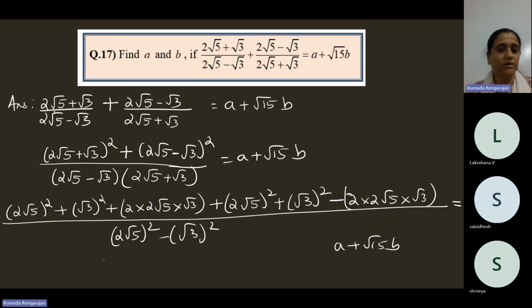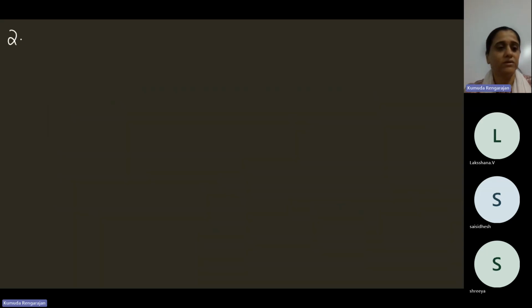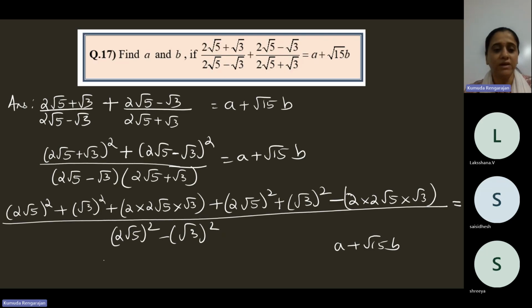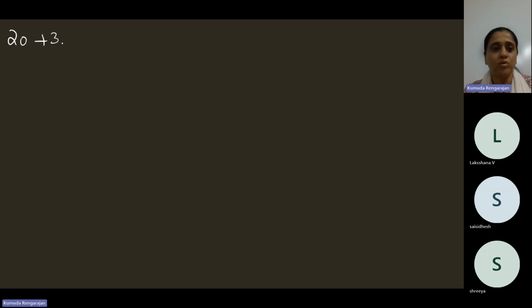So on simplifying, you get what is 2 root 5 the whole square? 20. 20 plus 3, sorry. Then plus 4 root 15, plus 4 root 15, plus 20 plus 3 minus 4 root 15.